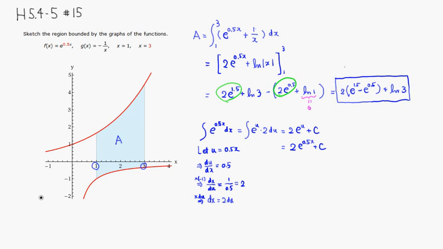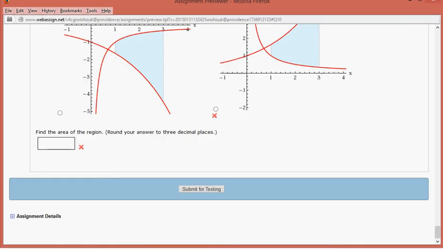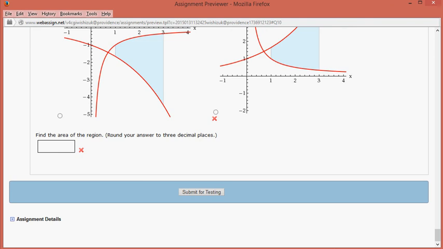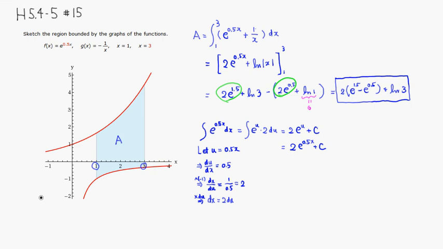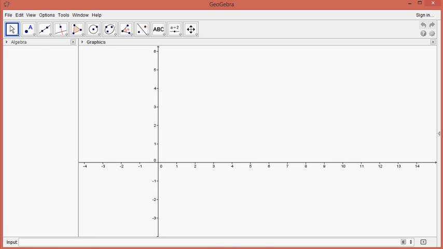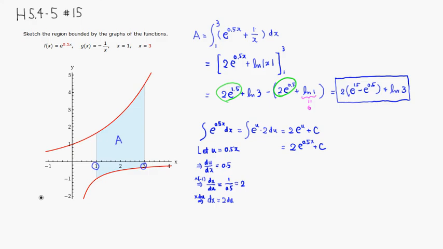So let's type it in. We have to round the answer to 3 decimal places, so I'm going to bring up GeoGebra. We need to find the value of 2 times e to the 1.5 minus e to the 0.5, and then, was it minus?